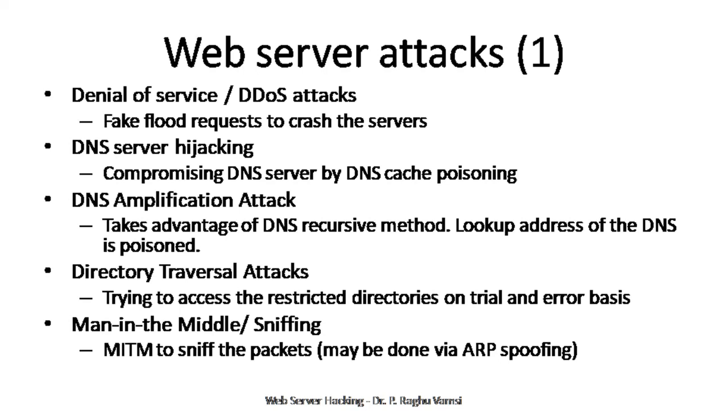This is the recursive DNS method. So whenever this recursive DNS method is enabled, obviously it will look up the address of the DNS which is poisoned. Because of this poisoning, what will happen is that instead of the next higher level DNS server IP address, the attacker may place his own IP address.